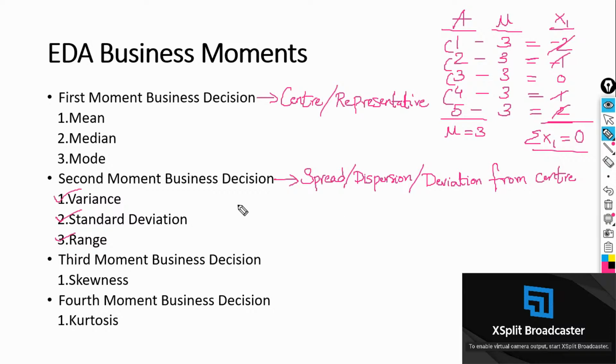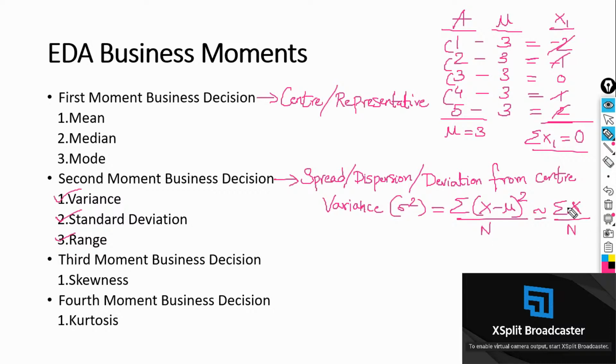variance. The formula for variance is given as, variance is generally represented with sigma square. Okay, is given as sigma of x minus mu whole square by n. Okay, this is actually representing the same formula of mean, I think. Sigma of x by n.